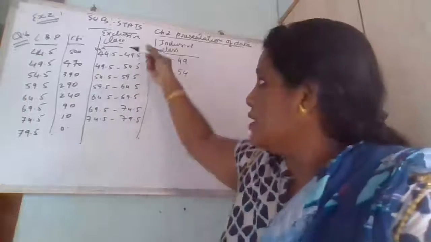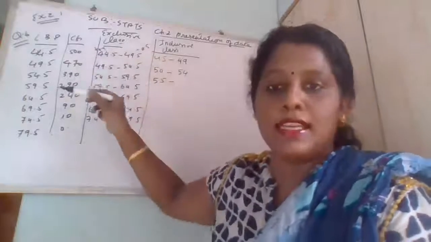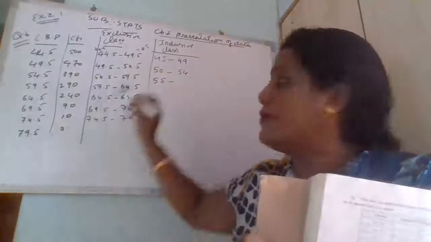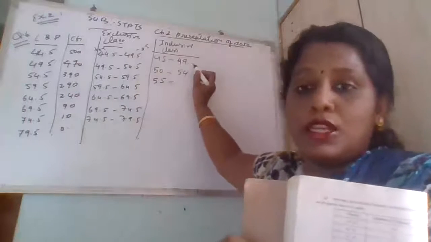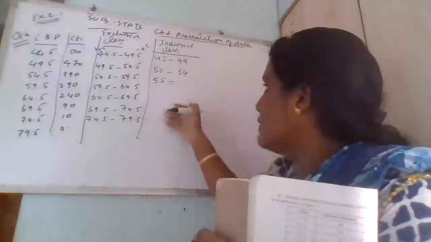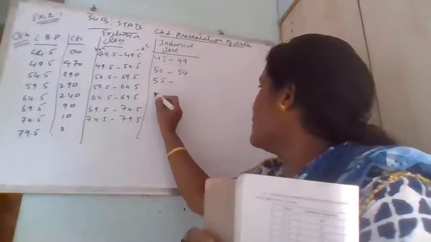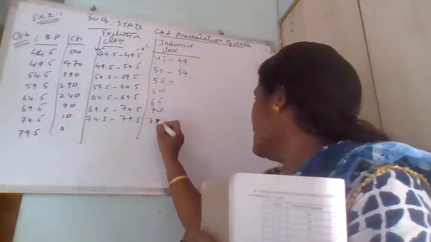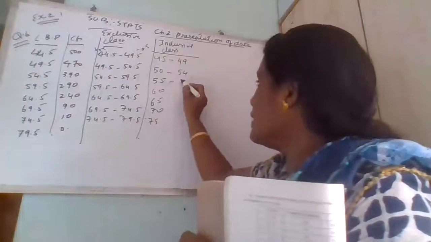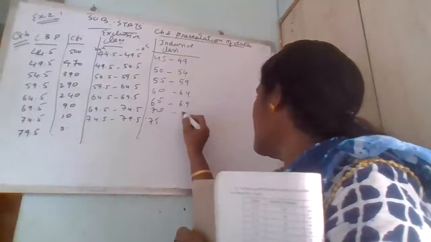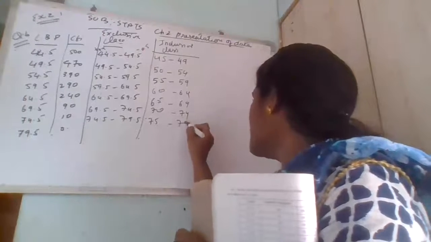You can see clearly that your class length is 5, right? Class length is equal. So after finding your first class, you can directly add 5, 5. Like this you can find 45, 50, 55, 60, 65, 70, then 75. Here also 5, 5 you can add: 49, 54, 59, 64, 69, 74, 79.